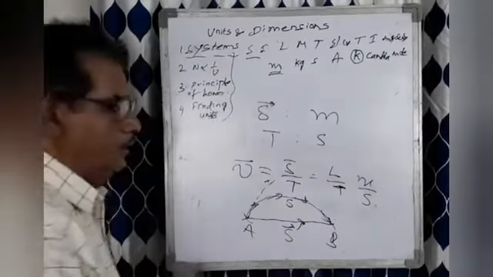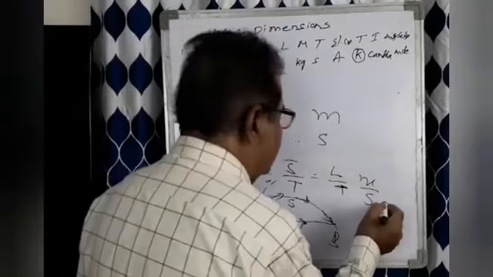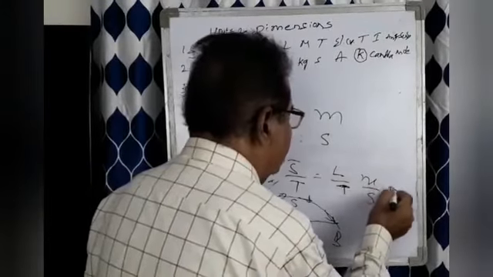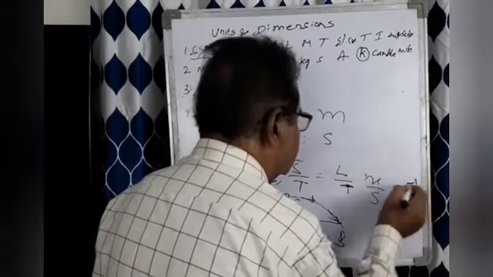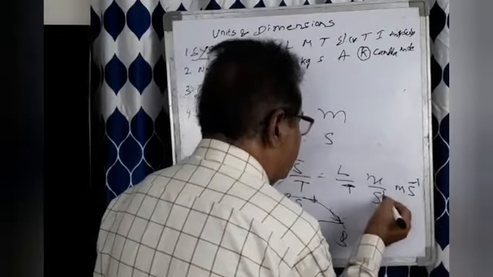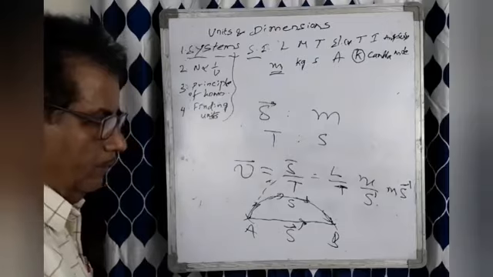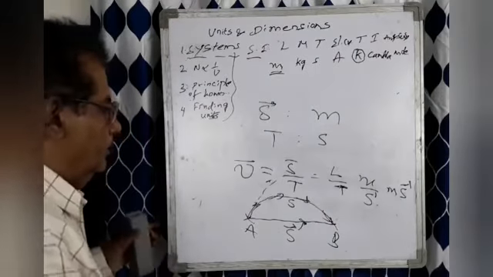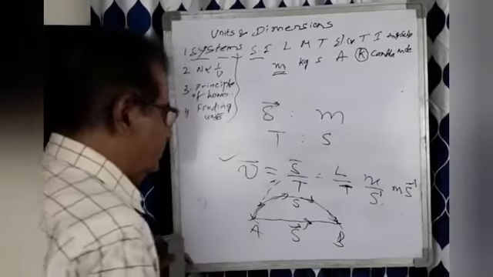Unit of velocity is meter per second, or I can say meter second inverse. Actually here it is s, meaning s power 1. When it goes to the numerator, the power becomes negative. Meter second inverse. So like that, velocity has the unit meter per second or meter second inverse.